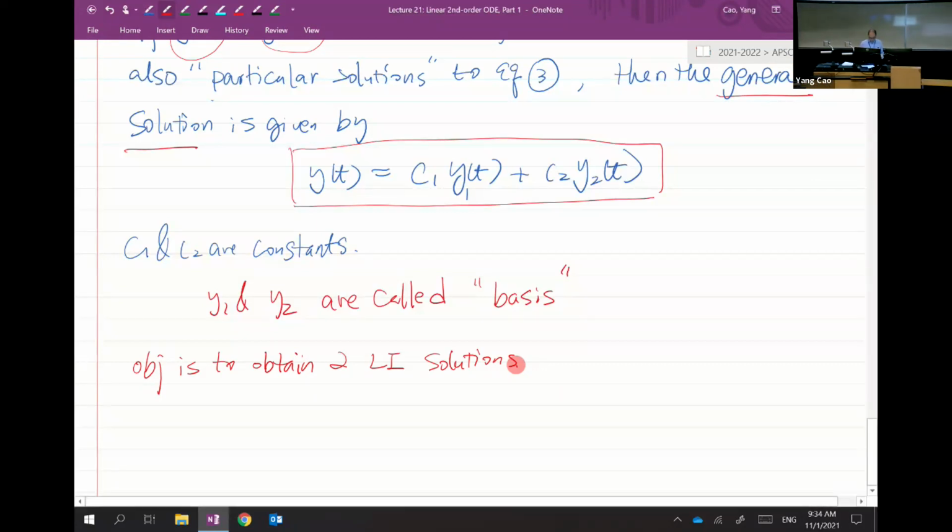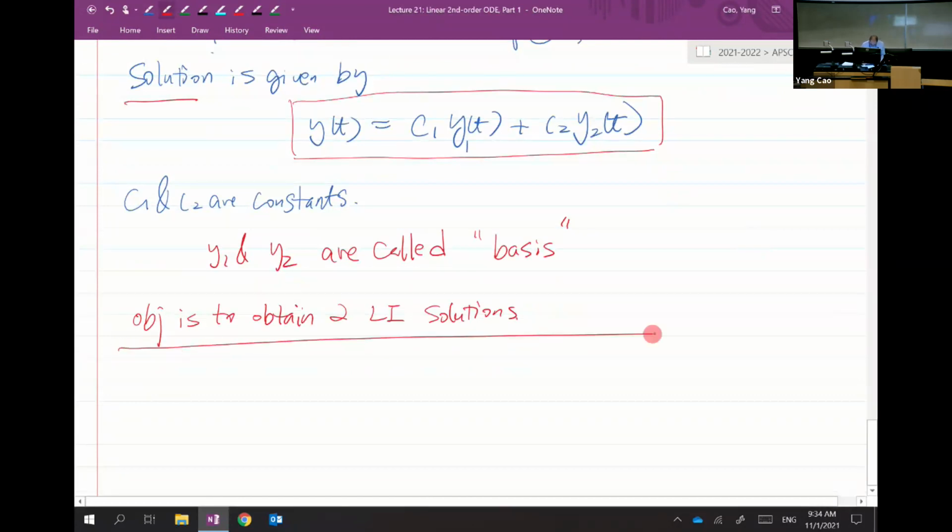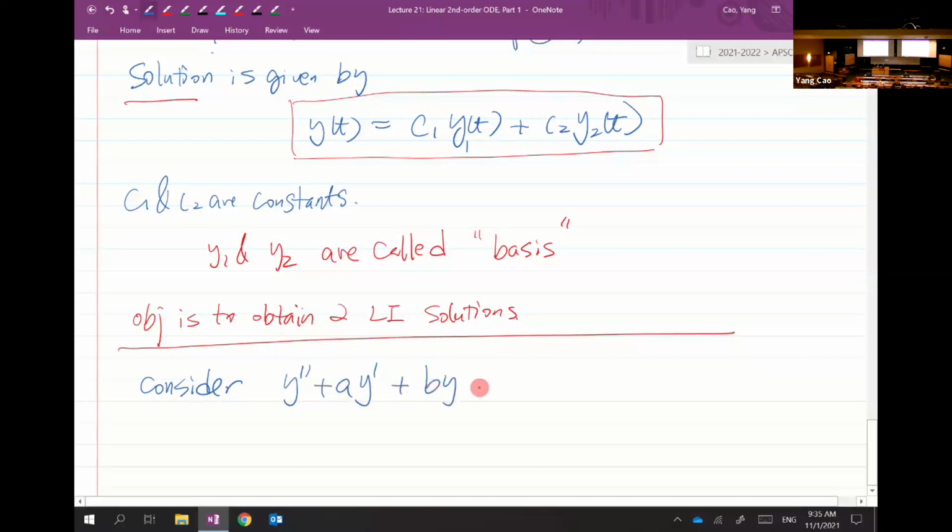Okay, all right. So now let's look at a general approach to get a solution. So first, I'm going to consider an easy case. So let's consider a second order homogeneous linear ODE with constant coefficients.